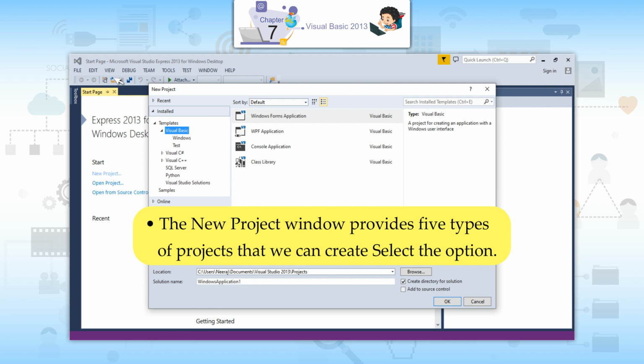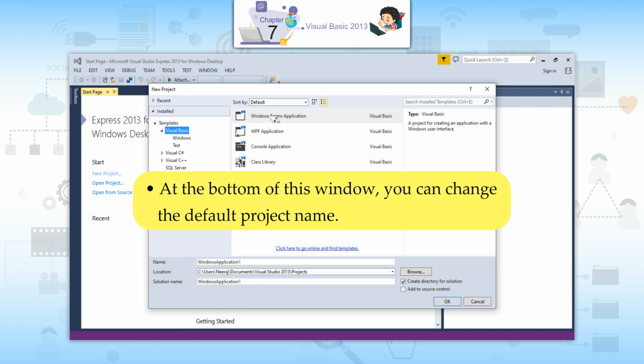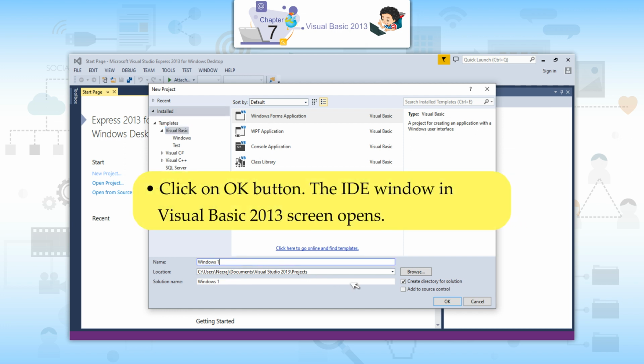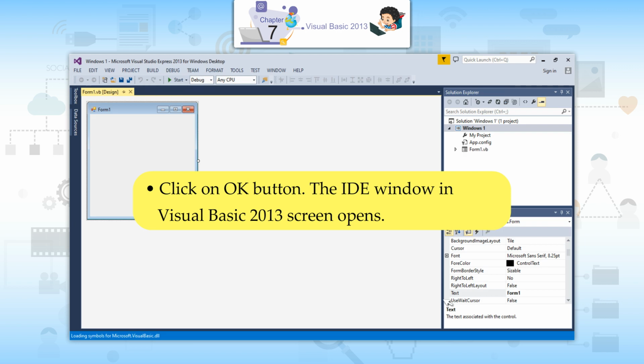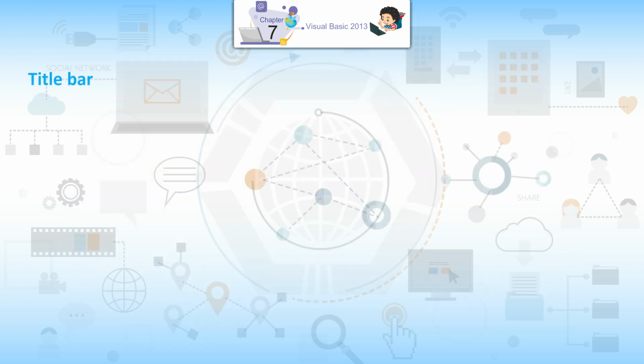The new project window provides 5 types of projects that we can create. Select the option. At the bottom of this window, you can change the default project name. Click on the OK button. The IDE window in Visual Basic 2013 screen opens.